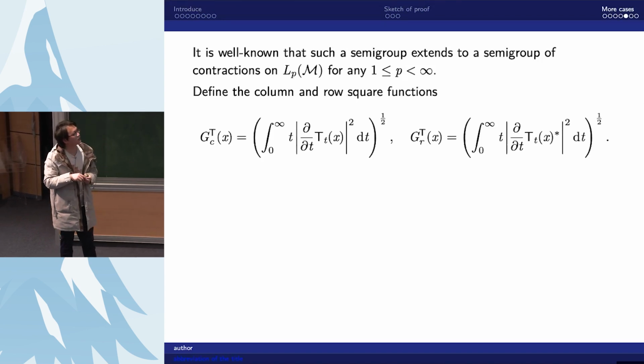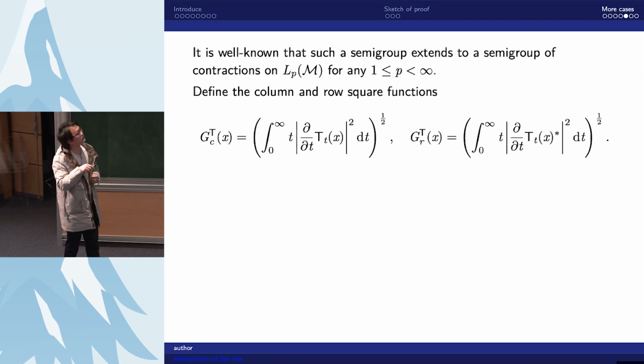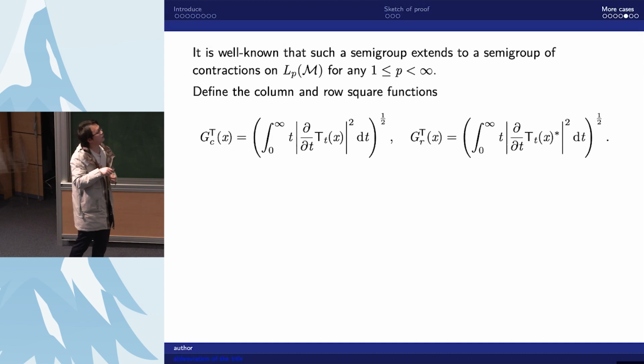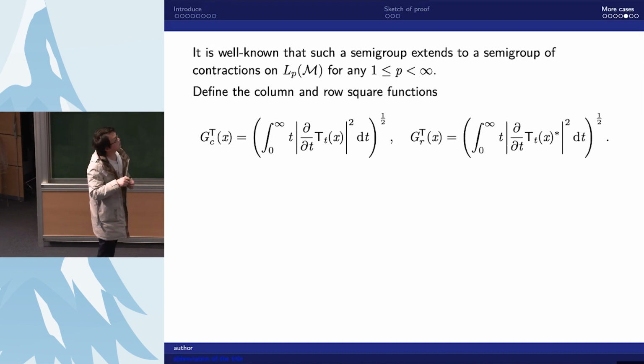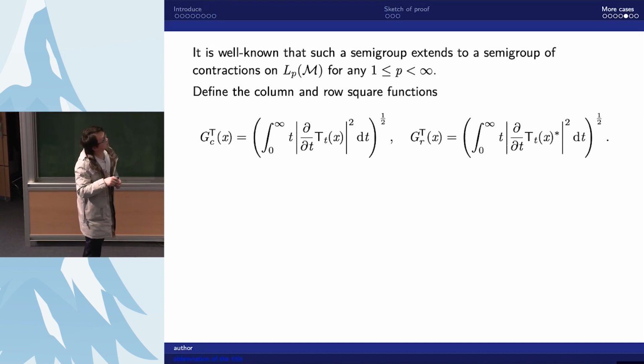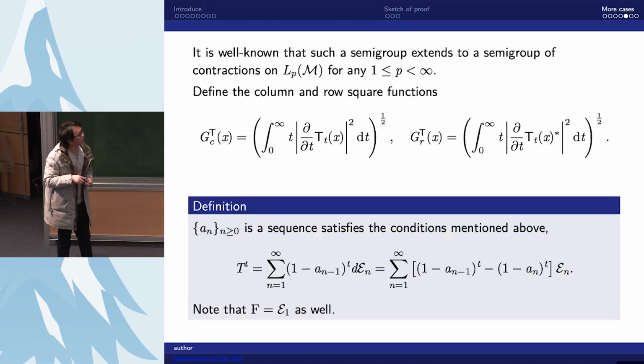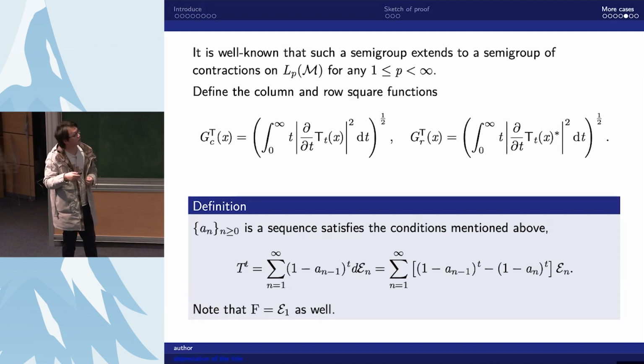So we can define the analog Littlewood-Paley G-function, the column and the row, where the differences are T_t x and T_t x star. We can define the operator and the symmetric diffusion semigroup analogously.